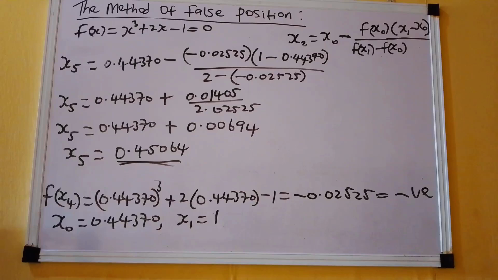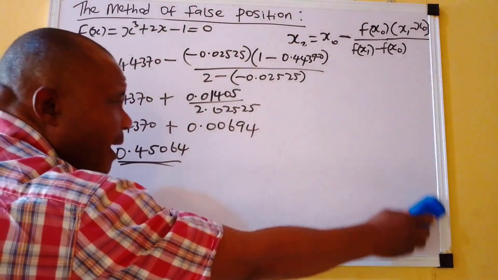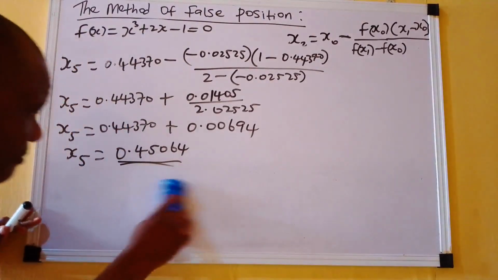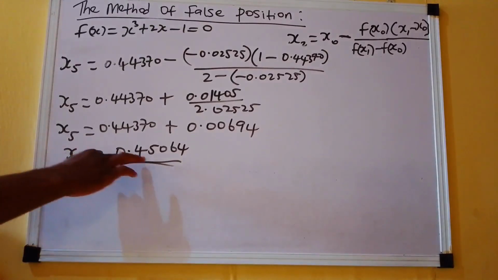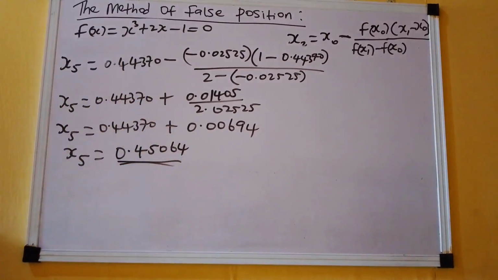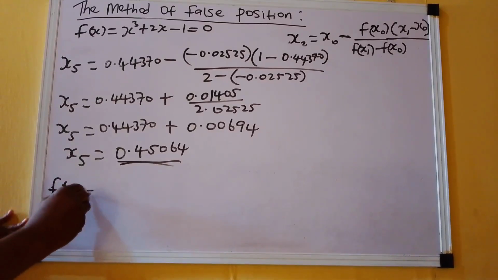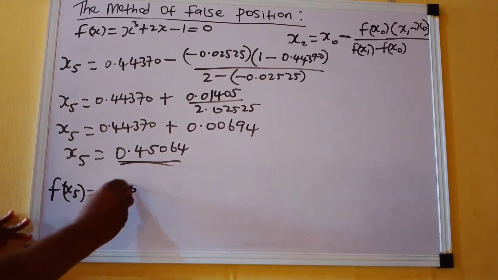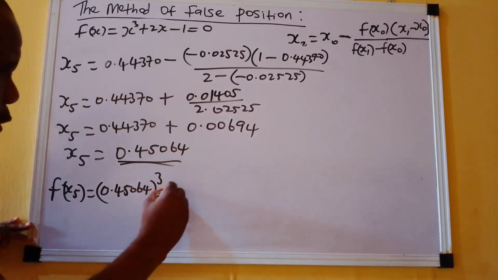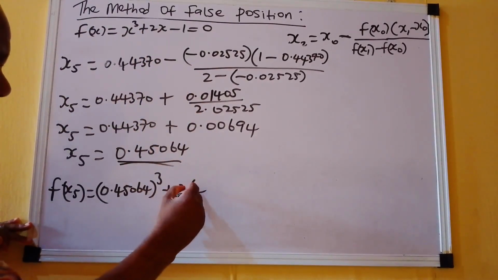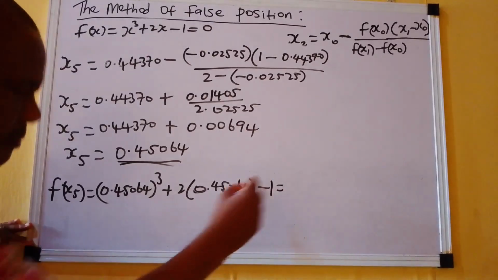Now we'll go ahead, we'll take a step further. We have been able to achieve one level of decimal place accuracy, but that is not enough. Now we are going to check for f of x5, and that will be equal to 0.45064 raised to power 3, plus 2 into that value, 0.45064 minus 1.